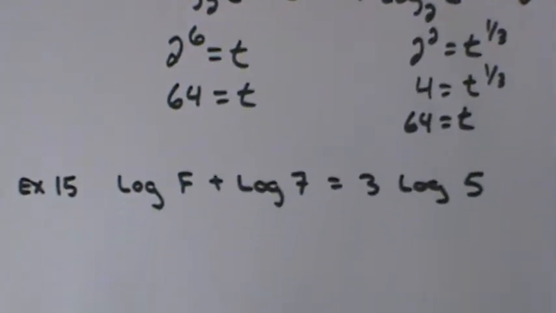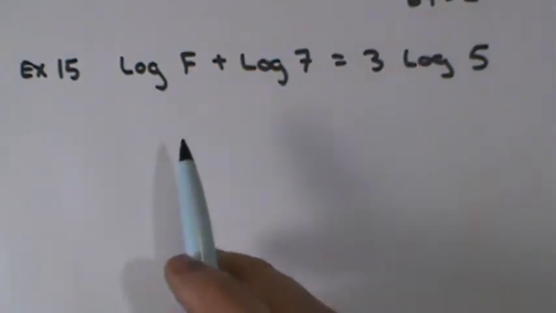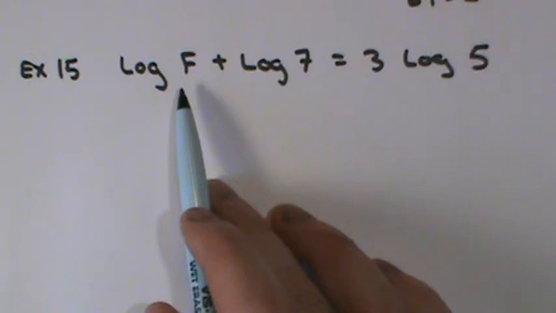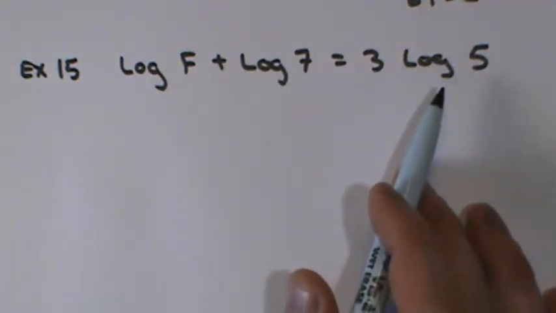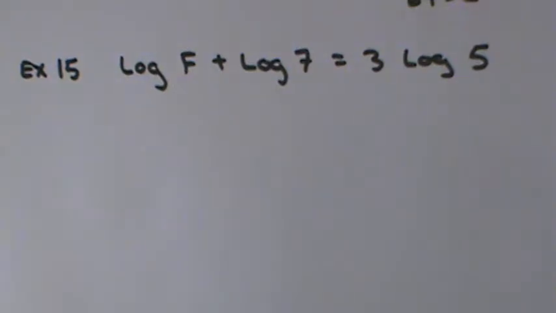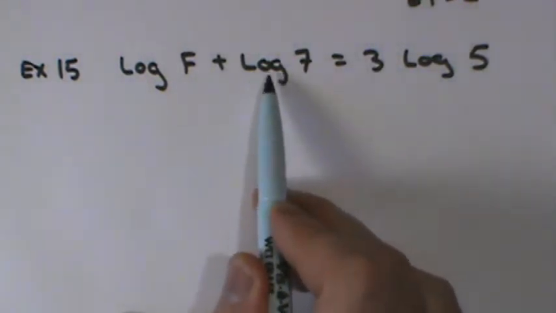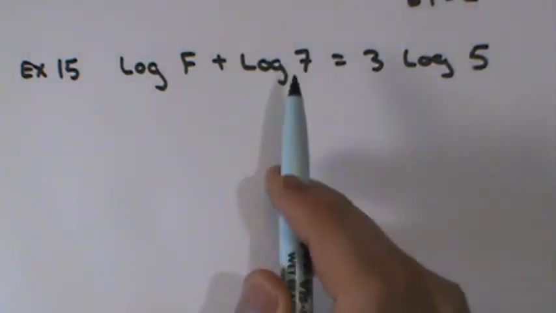I have an example 15. It says log of f plus log of 7 equals 3 log 5. And you'll see that some of these questions are just testing your understanding of the properties of logarithms. First off, I can move this log to the other side. It's just a number.